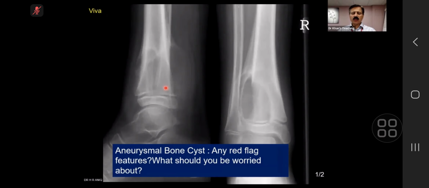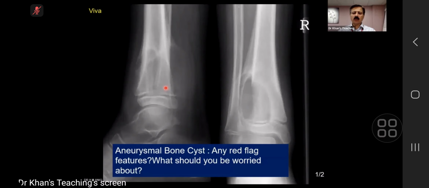So the key thing is that literature will tell you that plain film is very important. Look at the margin of the lesion and go back to your basics. Whenever you see an aneurysmal bone cyst, look at the margin of the lesion. At some points, the margin will have a narrow zone of transition.